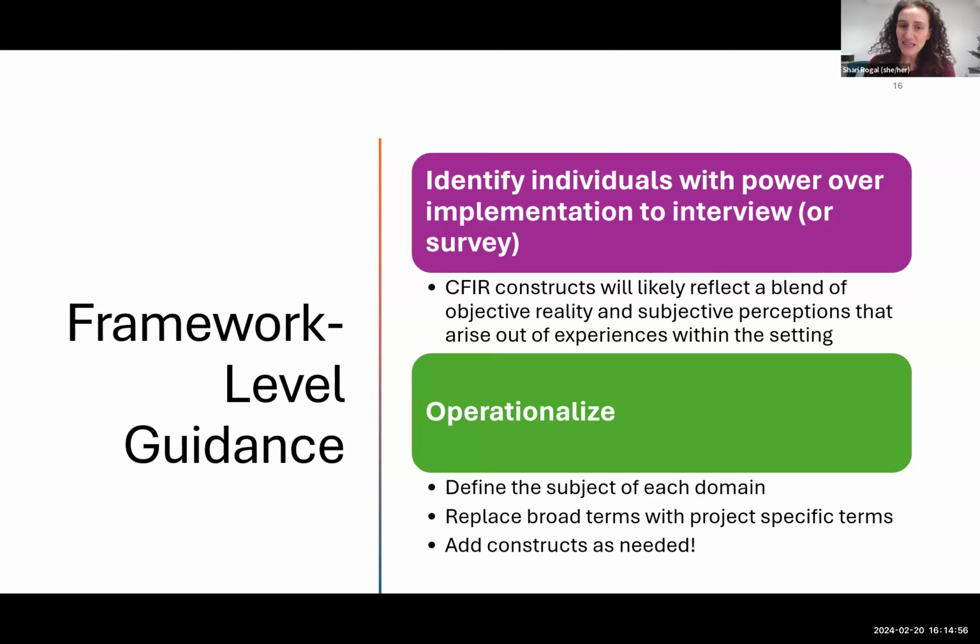And then the other thing that updated CFIR does that I really love is operationalize the subject of each domain and really focusing on project specific terms. So we don't want people to just download the equivalent of the whole CFIR guide and just put that into their grant. We really want it to be tailored to the project and to operationalize each of the domains, as you'll see.